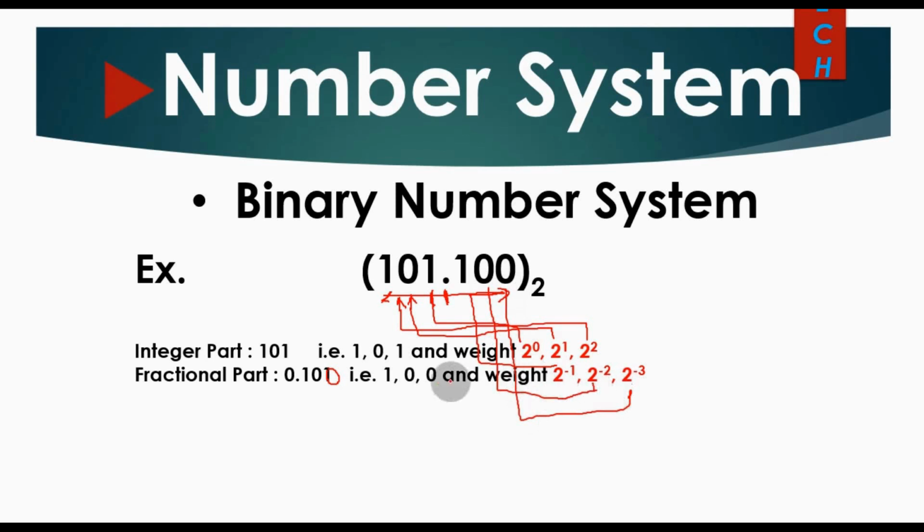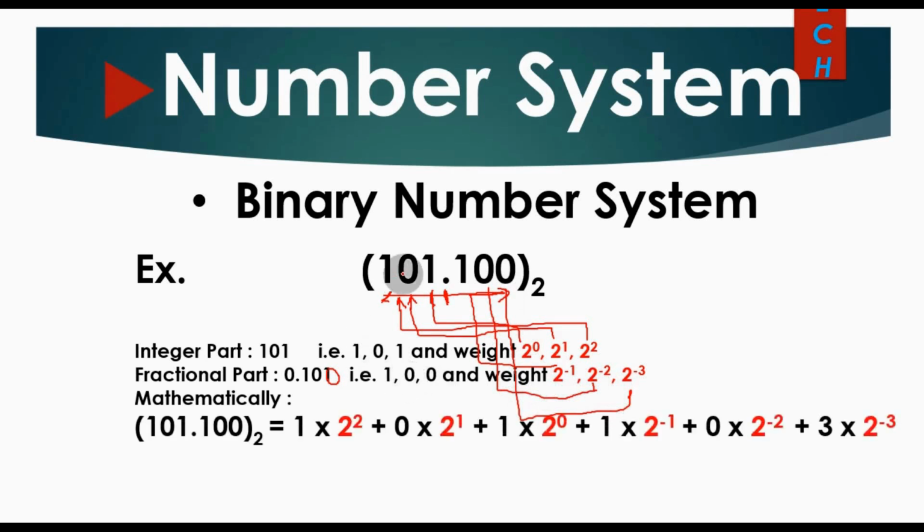So if you want to write it mathematically, how can you write it? This is 101 dot 100 in terms of the binary number.